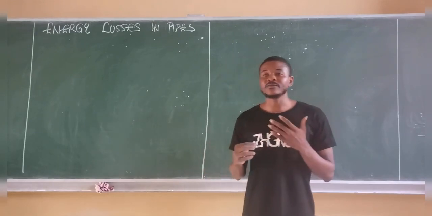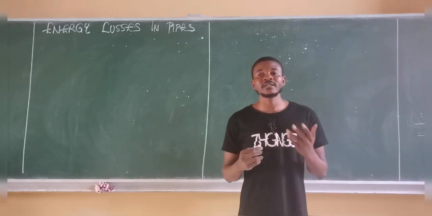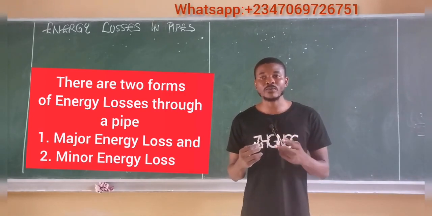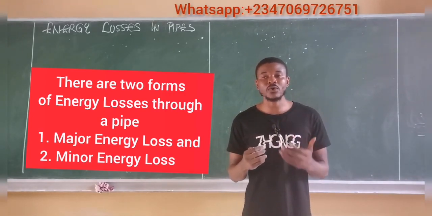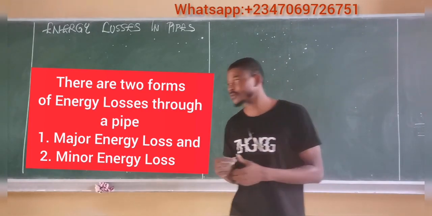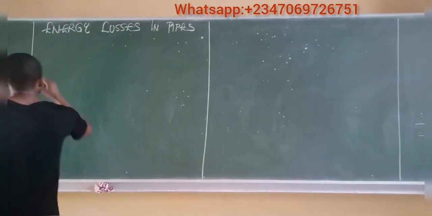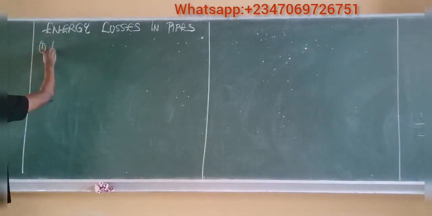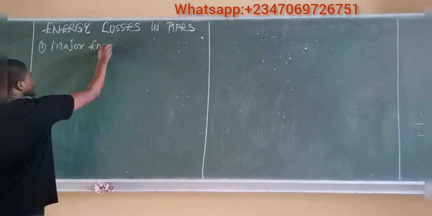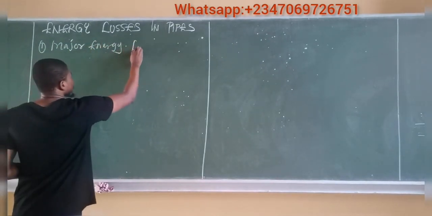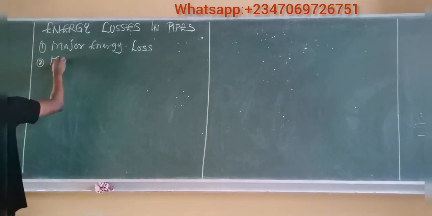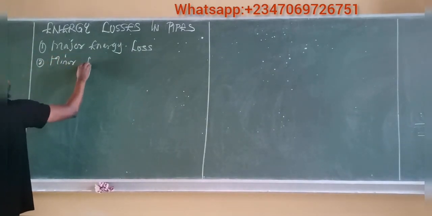Now, in fluid flow, there are basically two forms of energy losses in flow through a pipe. The first is called the major energy loss, and the second is simply called the minor energy loss.